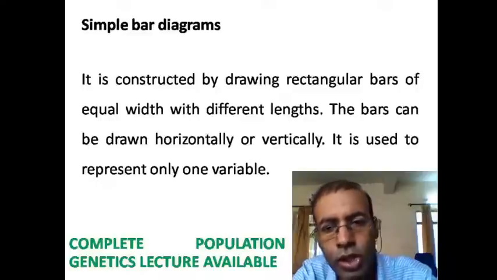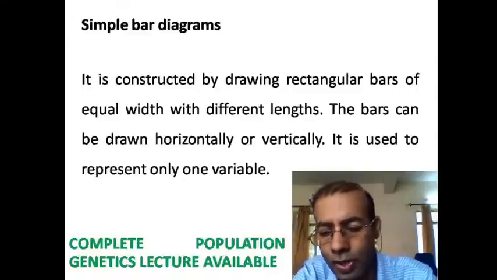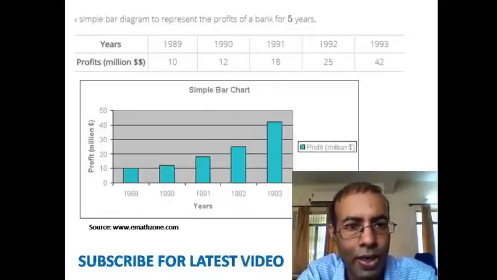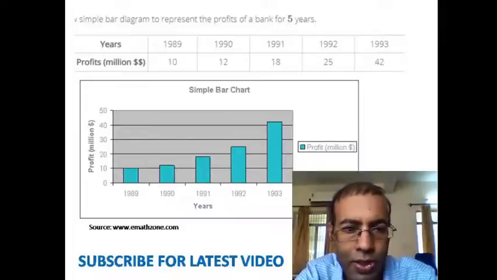It is used to represent only one variable. So this is one of the examples of simple bar diagram. Here we can see that year-wise profits are shown on this simple bar chart.